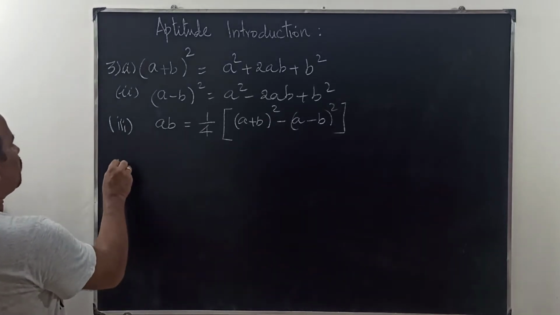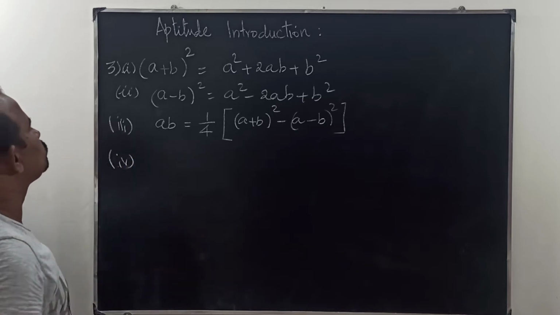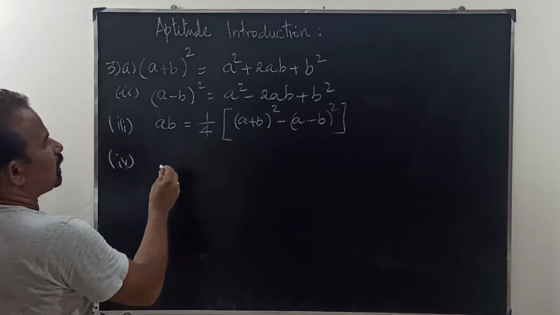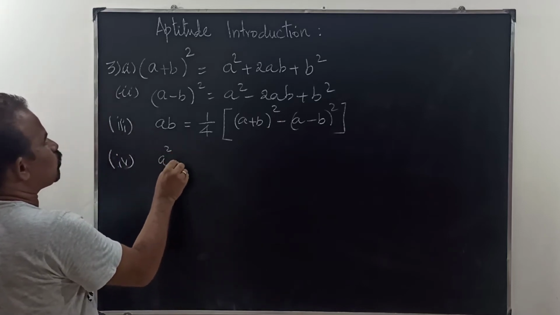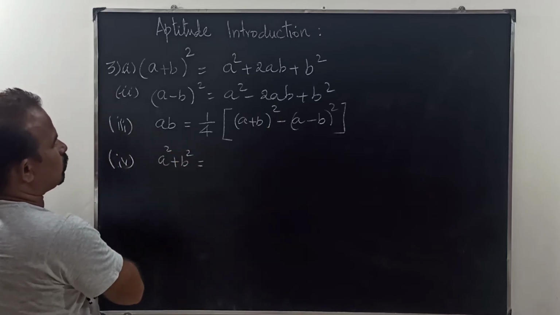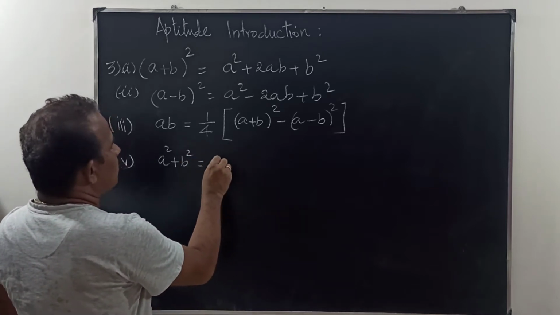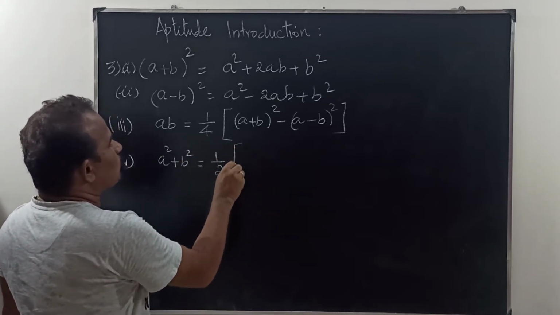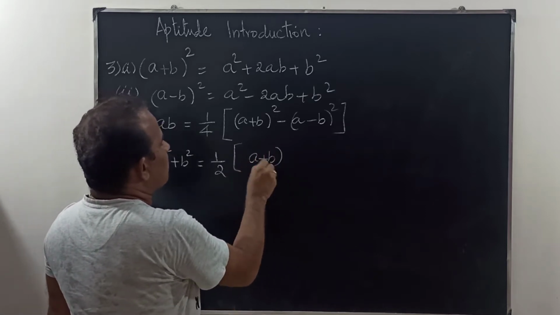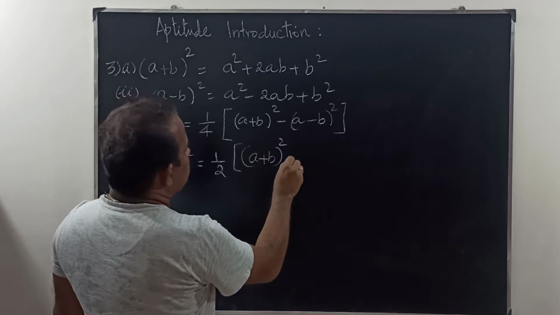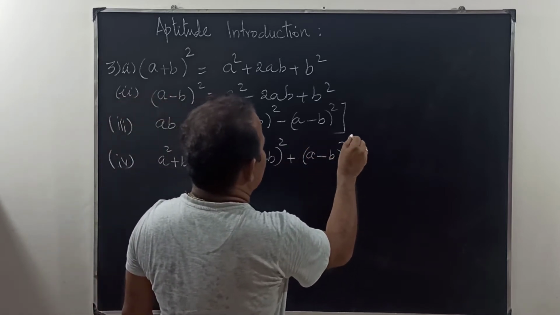So similarly, the fourth one is, if you take plus here, you will be getting what? a square plus b square is equal to 1 by 2 into (a plus b) the whole square plus (a minus b) the whole square.